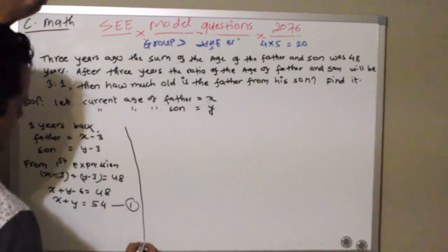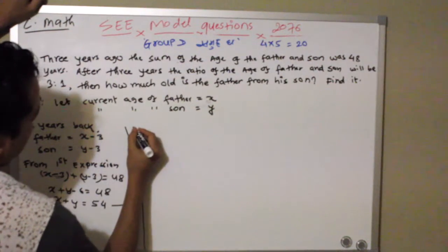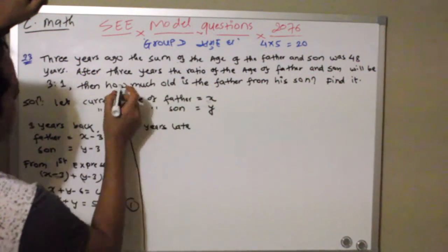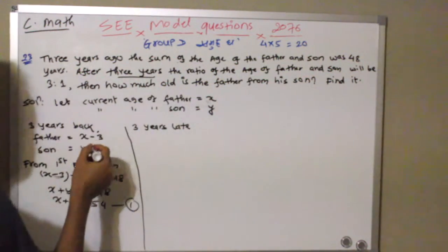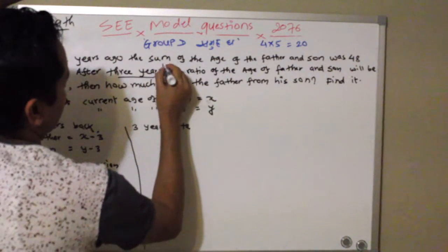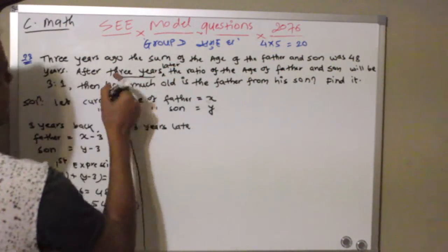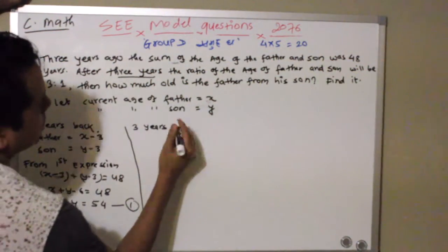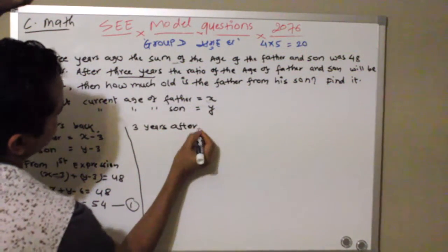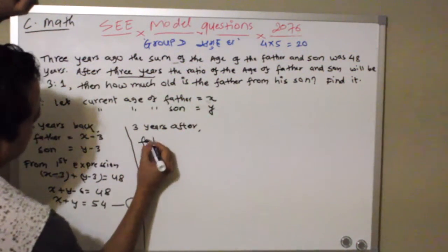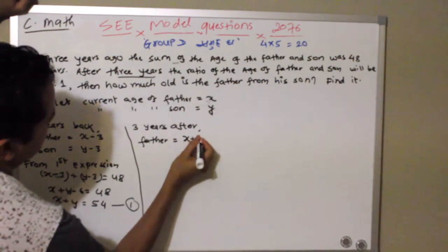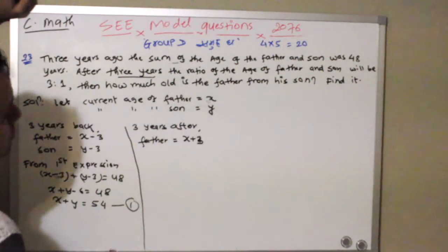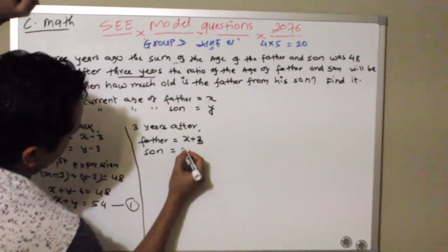Now let me do the second expression. It says after 3 years, so 3 years later. The father will be X plus 3, because currently I'm 35, so after 3 years I will be 35 plus 3. My son will be Y plus 3.